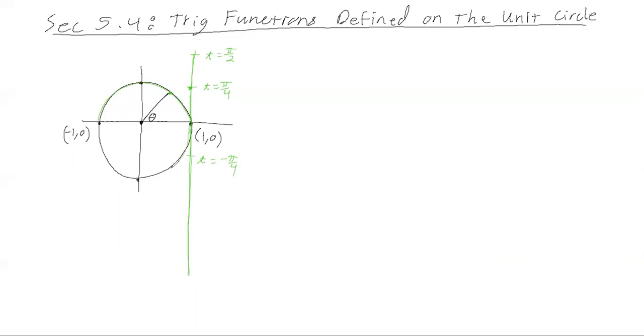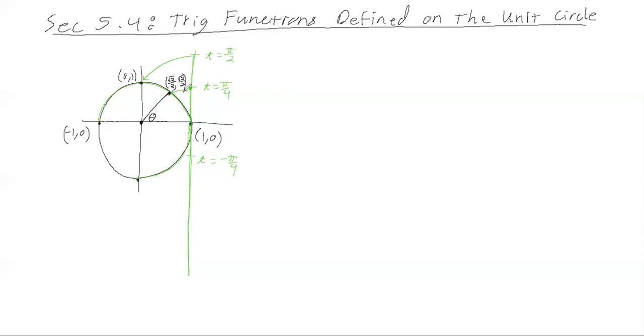So t = pi/4 corresponds to that point right there, and t = pi/2 corresponds to that point there. This point right here is 0, 1, and this point right there, let's say, is square root of 2/2, comma, square root of 2/2.